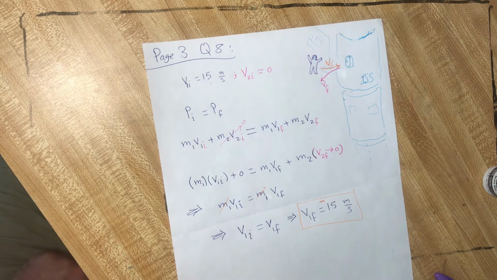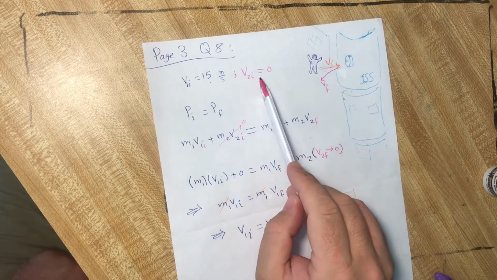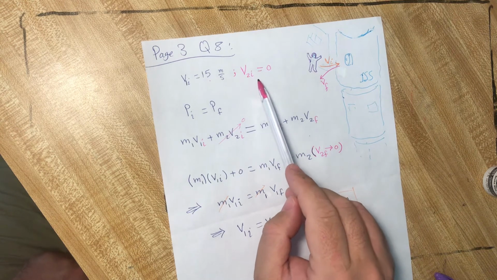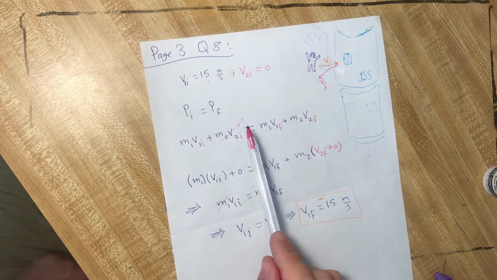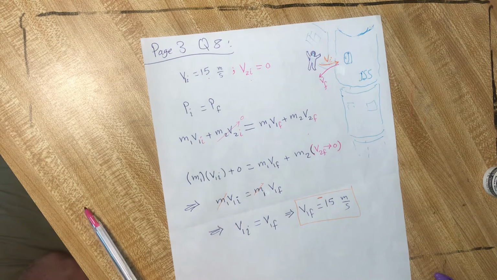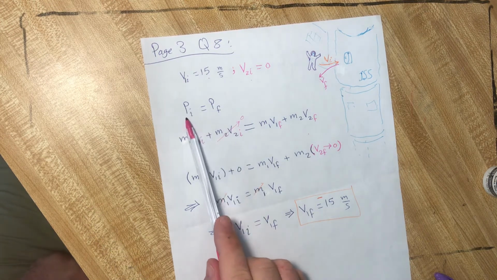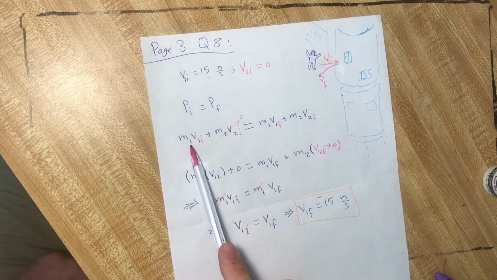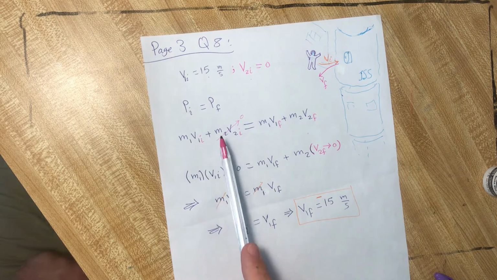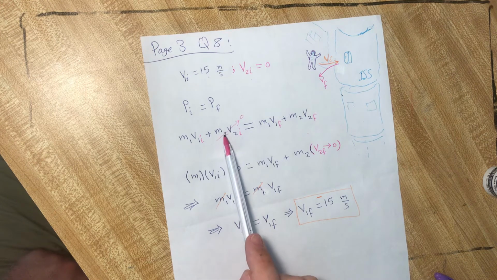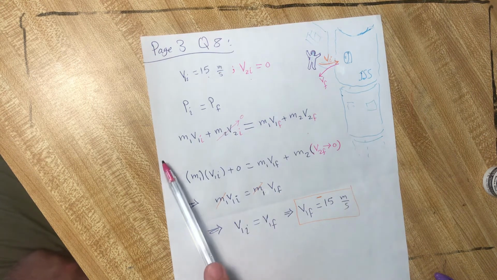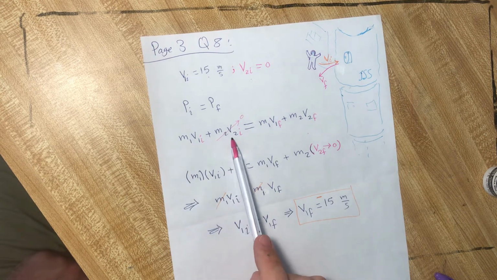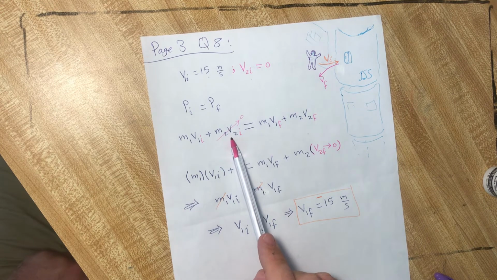It is easy. We don't have the mass of the station. We don't have the final velocity for it. We assume that it is at a stationary point initially. The momentum will always be conserved. So the initial momentum is the momentum of the astronaut, which is m1 v1 initially, plus the momentum of the station, which is m2 multiplied by its velocity.